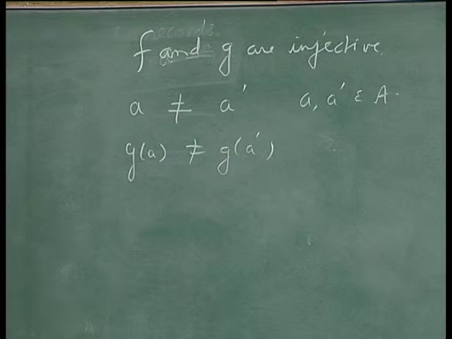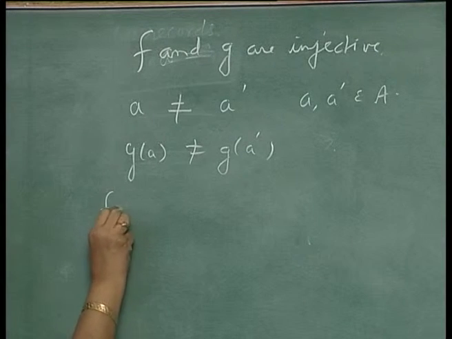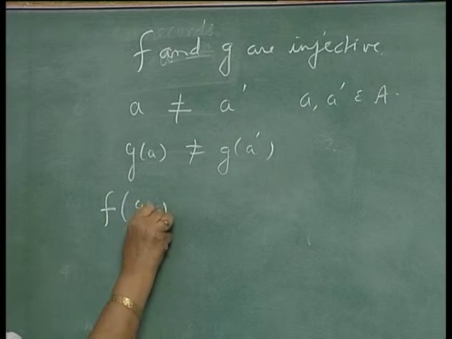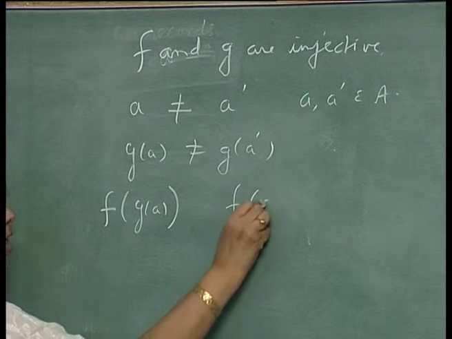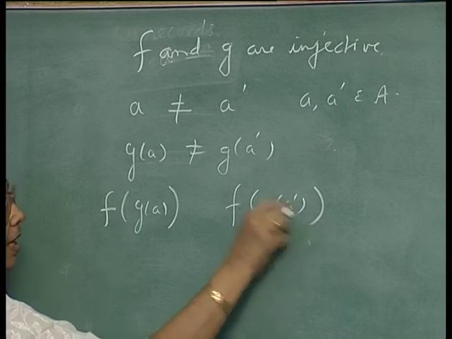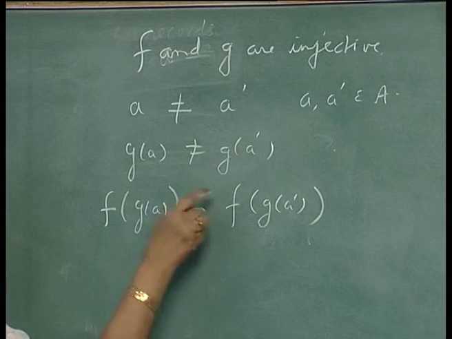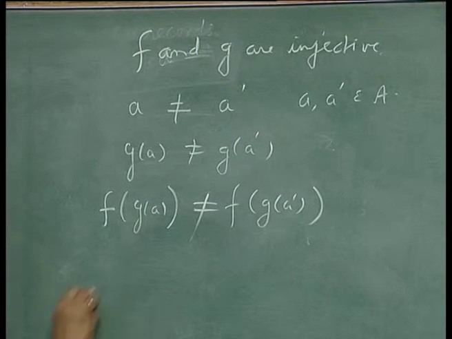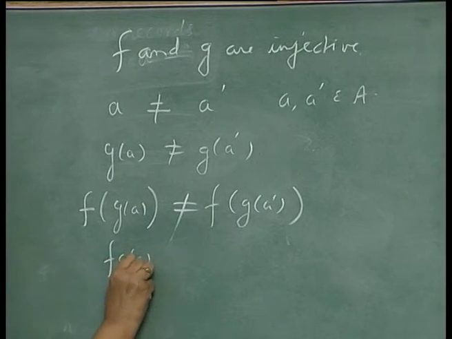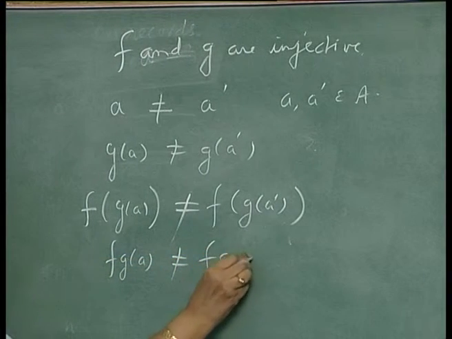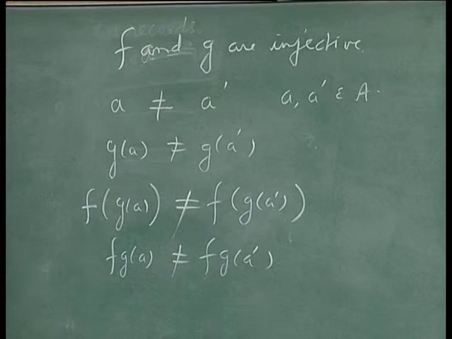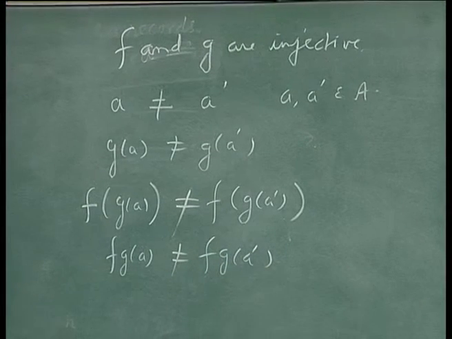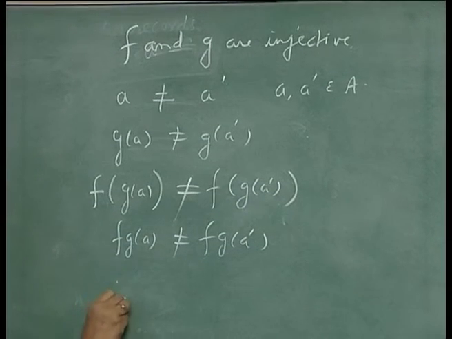Why? Because g is injective, different elements will be mapped onto different elements. So, take f of g of A and f of g of A dash. They are different, because f is injective, so these cannot be equal. That is, f g of A is not equal to f g of A dash. That is, f g maps different elements into different elements. So, f g is injective.